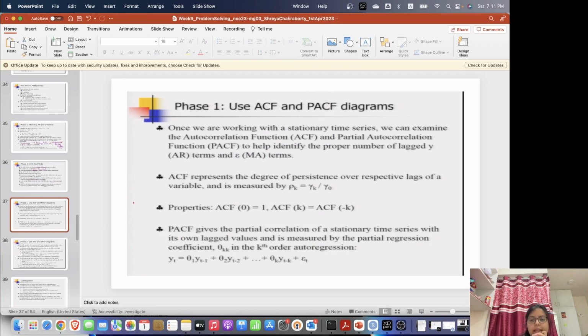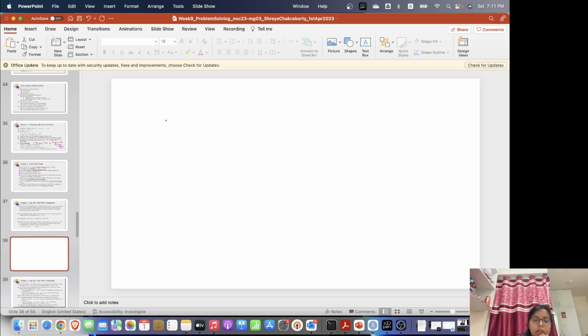Okay, and then the ACF, so I'm going to tell you what we do. So if I have a covariance between, let's say, epsilon t and epsilon t minus k, for an AR1 process, this will be rho to the power k, something like this.